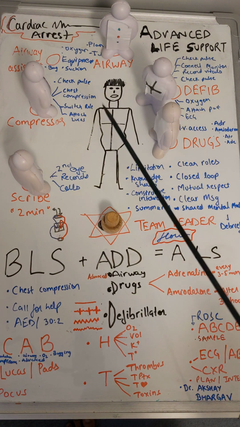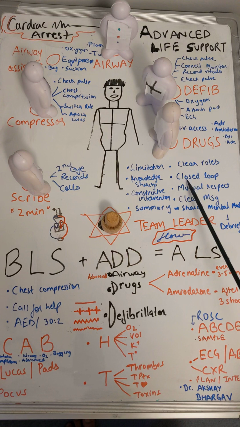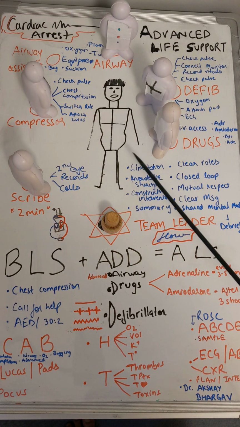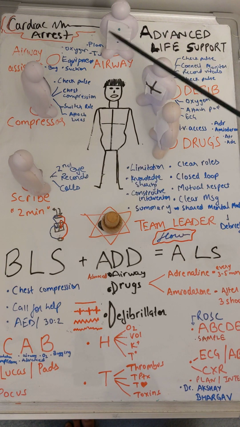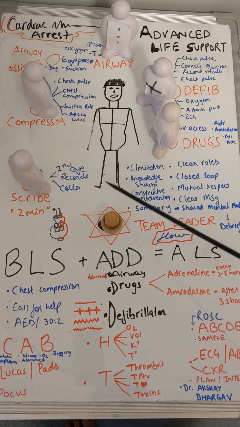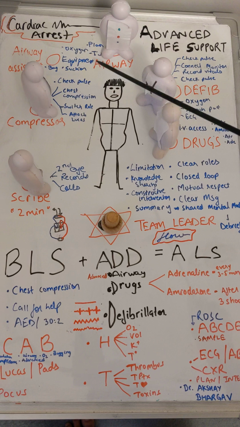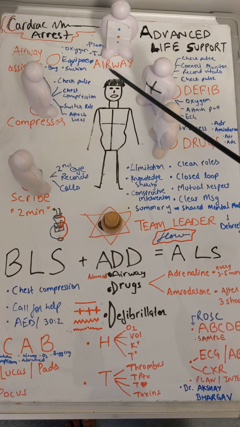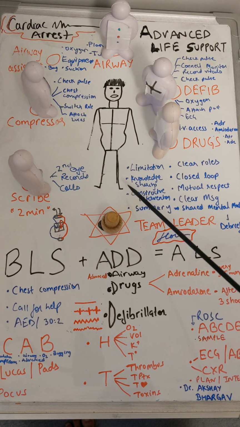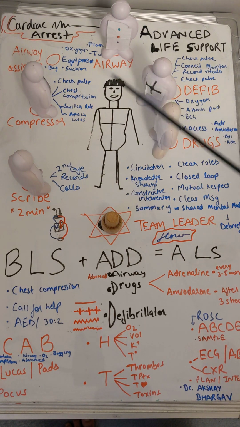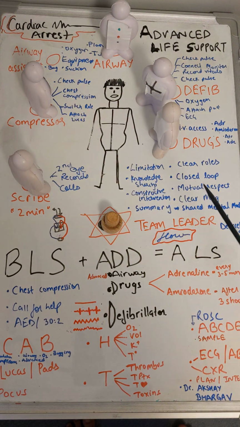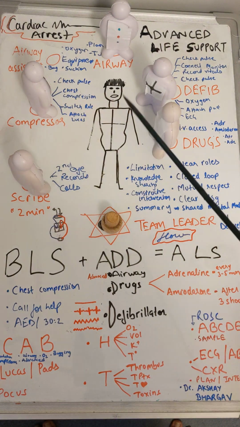People should have clear roles, and when you are communicating, it should be closed loop communication. So if you are talking to the airway person, amongst all this chaos, you ask him, can you see the vocal cords, and then he should say, yes, I can see the vocal cords. Otherwise this communication loop is not closed. So this needs to be followed.